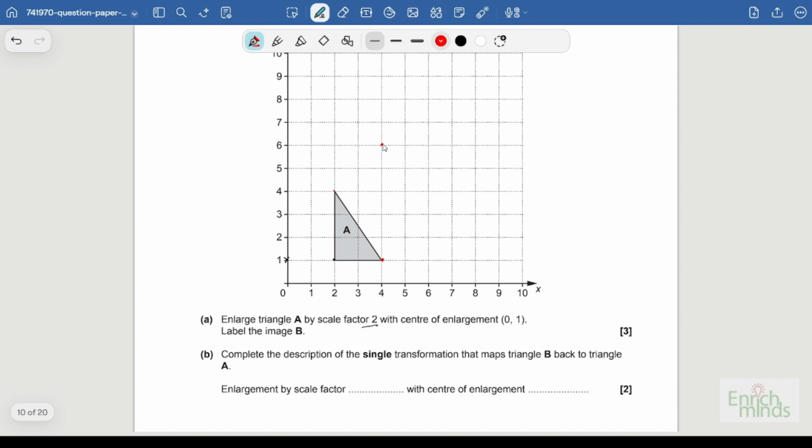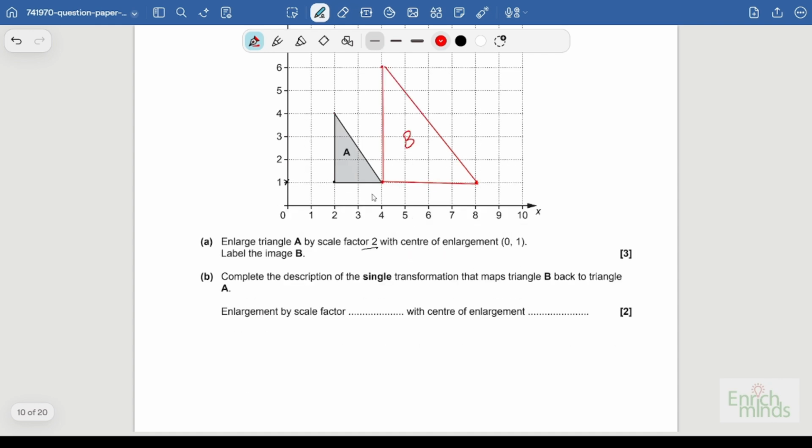Now it will be here. And the third point is 2 units away, so it will be 4 units away from here. It's going to be here. So now when I join them, the transformed shape looks something like this, and then I can label this image of A as B.